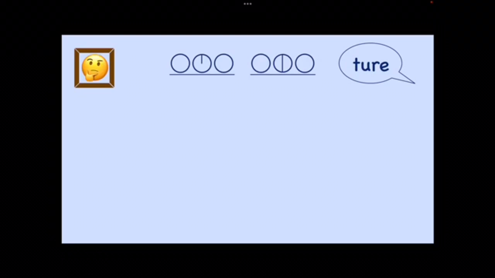And it can be said ch. Sometimes people may say chur, picture. And it's confusing when we're spelling. So ture is our regular ending.